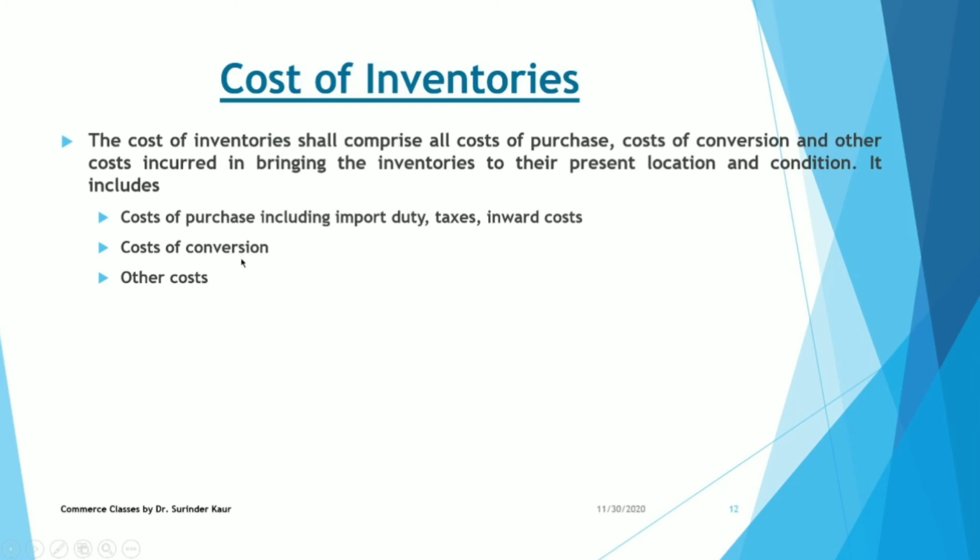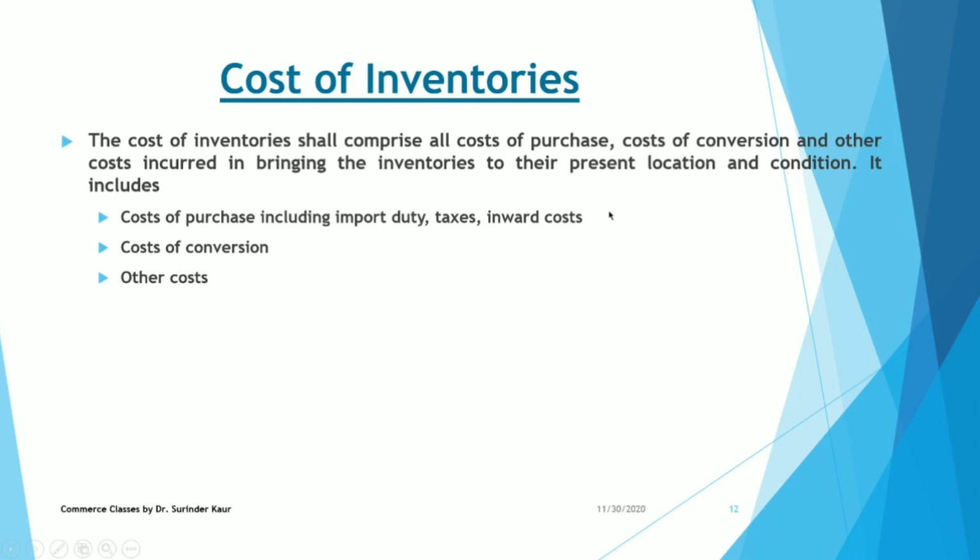Then cost of conversion: you might be buying raw materials, then you are incurring some cost to convert them into a finished product. So this cost will be a part of cost of inventory. Maybe you are incurring some expenses on their packaging, to keep them safe. This will also be a part of cost of inventory. So cost of inventory implies, as the term says, bringing the inventories to their present location and condition.